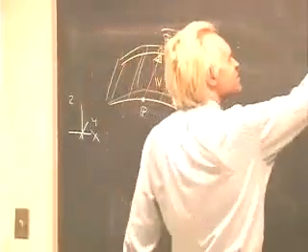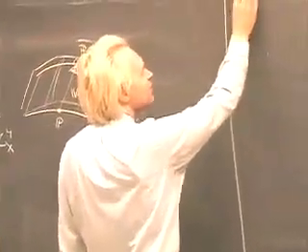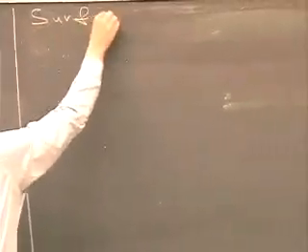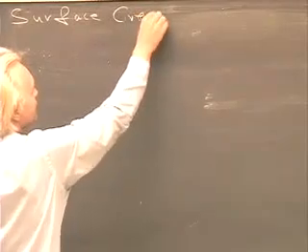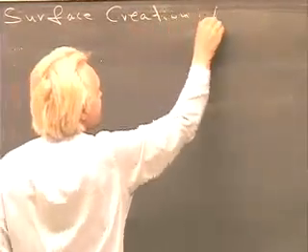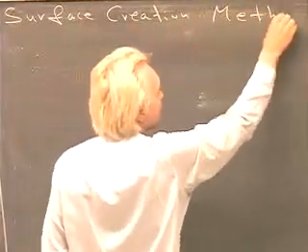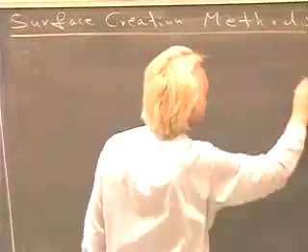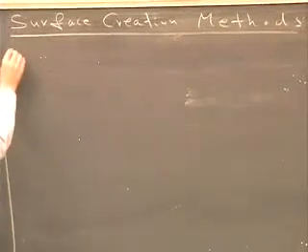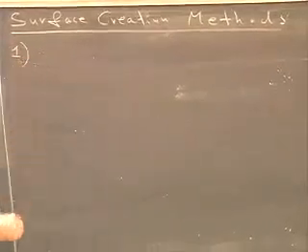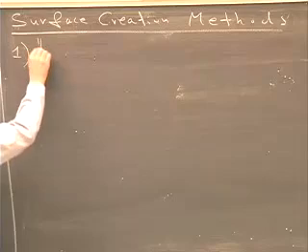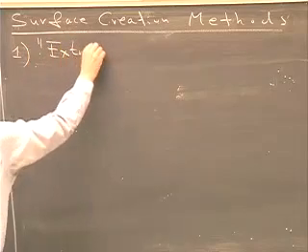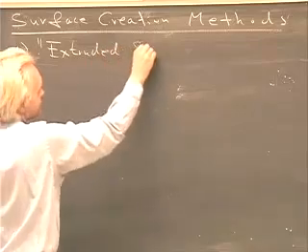So, very simple and powerful surface creation methods. These are all very standard ways used in computer-aided design systems. And the first one I will talk about is a ruled surface, or an extruded surface.